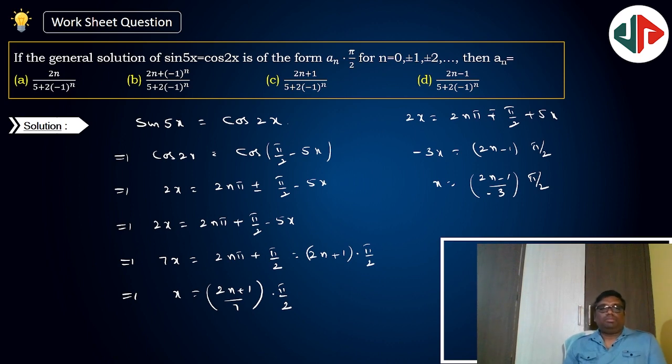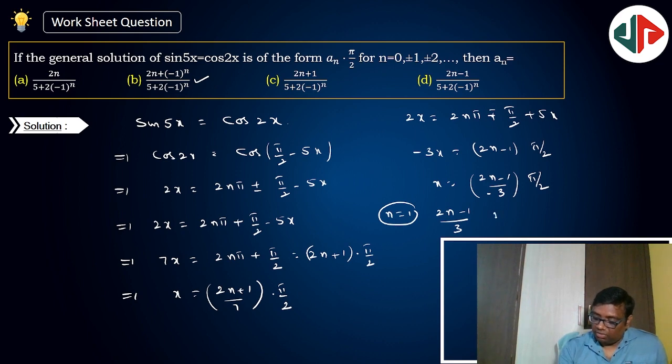So if you take n is equal to 1, or 2, or 3, your answer should be 2n plus 1 by 7 or 2n minus 1 by minus 3. If you take this option, if you take n is equal to 1, then what will you get? 2n minus 1 by 5 minus 2 means 5 minus 2 becomes 3, we are getting minus 3.